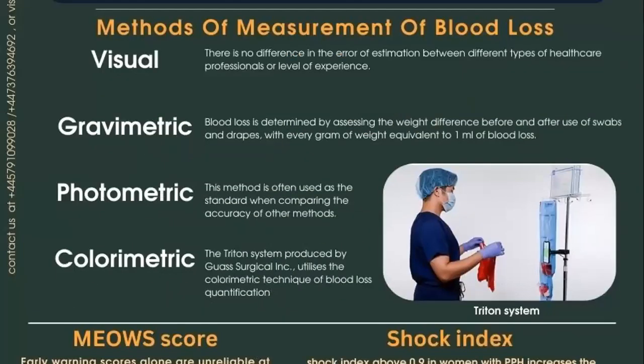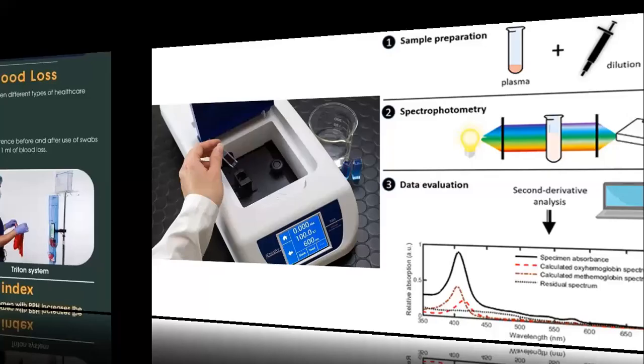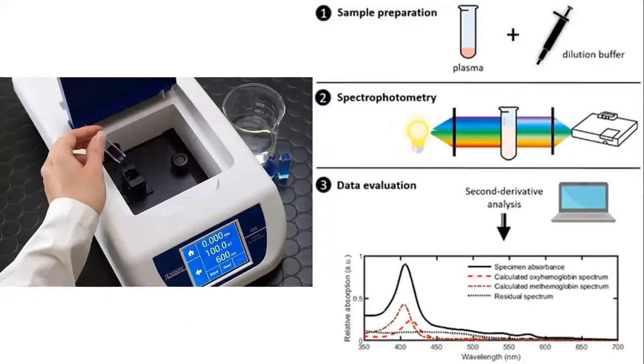The next one would be the photometric method. They say that it is often used as the standard when comparing the accuracy of other methods. What is the photometric method? The photometric method depends on the hemoglobin concentration pre and post-operative, pre and post-delivery.